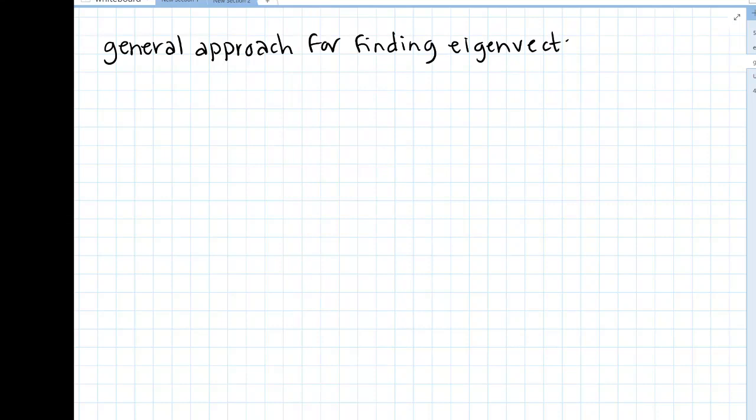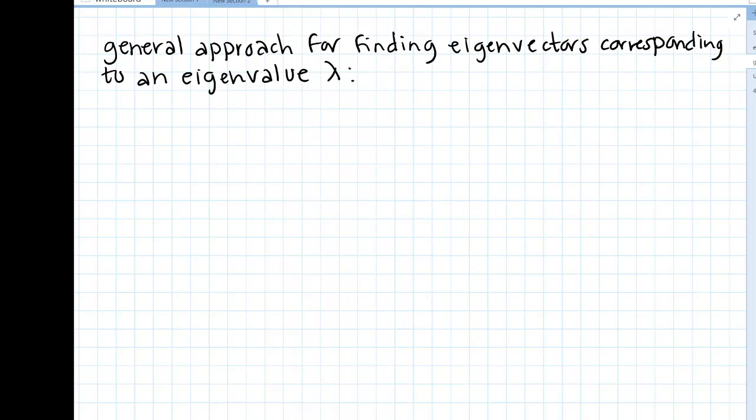So the general approach is to find eigenvectors corresponding to a known eigenvalue lambda.